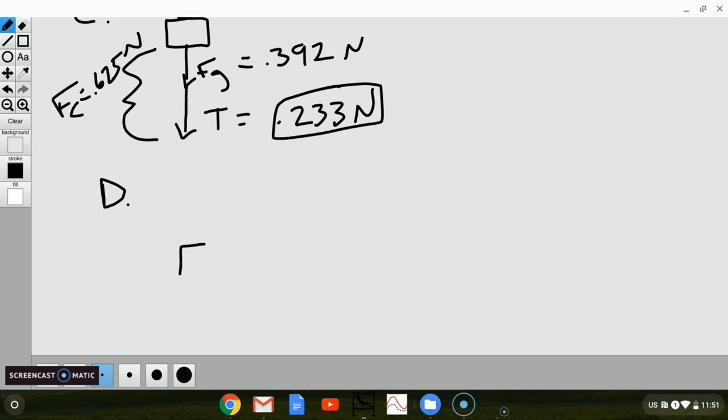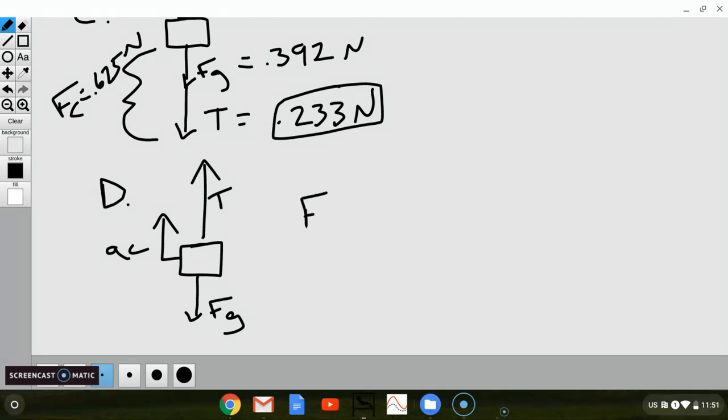Now, if you recall, they all look the same because we have our force of gravity down and we have our normal force up, or in this case, the tension is up. And so that would be our centripetal acceleration right there. But what we do know is that FC, our centripetal force, is equal to 0.625. And not only that, but that's equal to the force of gravity plus the tension.